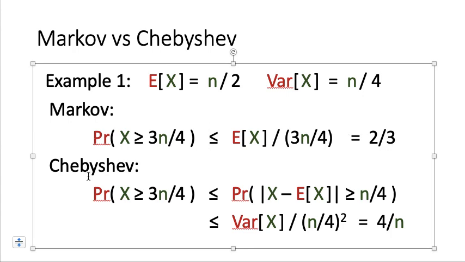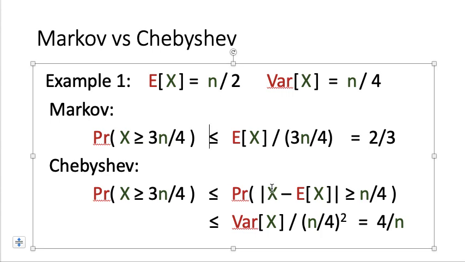And for Chebyshev's inequality, we first change this to the correct form to apply. Instead of having X on the left-hand side, we change it to X minus E[X]. And X is 3n over 4, so X minus E[X] here will be greater than or equal to n over 4.